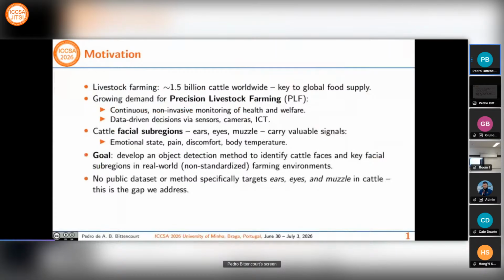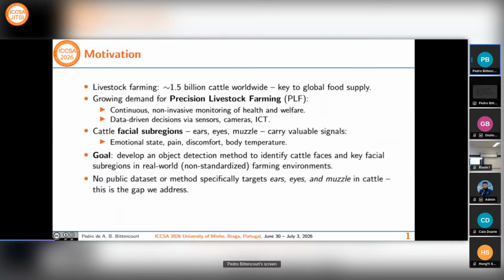So livestock farming is a key component of the global agricultural economy, with the cattle herd reaching approximately 1.5 billion worldwide. In recent years, there has been a growing demand for what we call precision livestock farming.